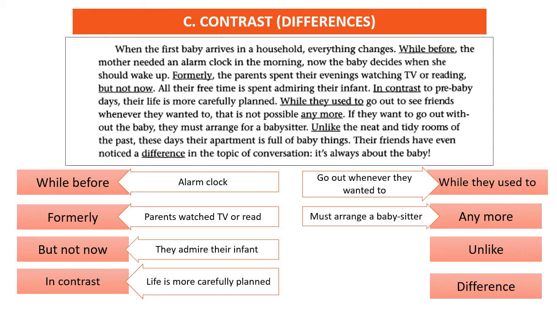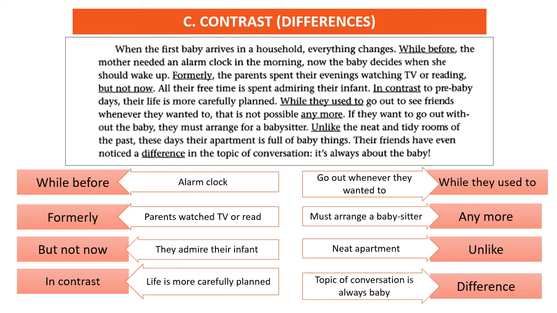It indicates that after having the baby, the parents must arrange a babysitter. Another signal word is unlike, and it shows us the condition of the apartment before the arrival of the baby. And the last is difference. It shows us the changing conversation topic after having the baby, which is more about the baby. So these are the differences, or the contrast pattern, of a paragraph.